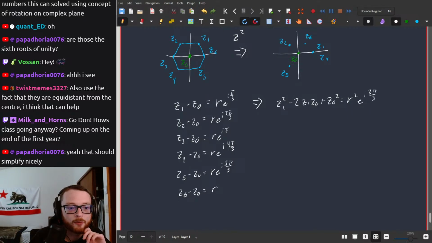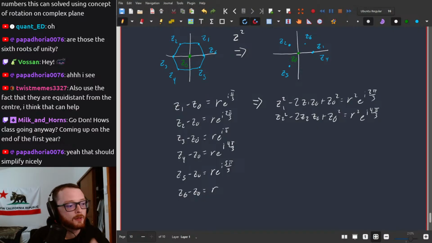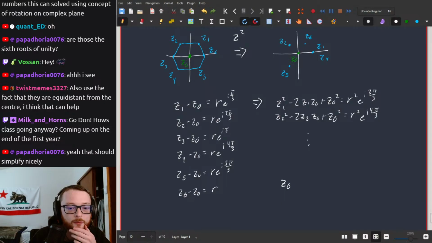This is going to be a little bit annoying to write out, so I don't know if I'll write literally every single one, but we'll write out the first two at least. Four pi over 3, dot dot dot. And the last one is z6 squared minus 2 z6 z0 plus z0 squared is just equal to r squared.